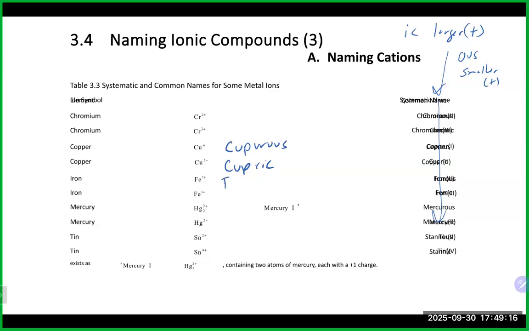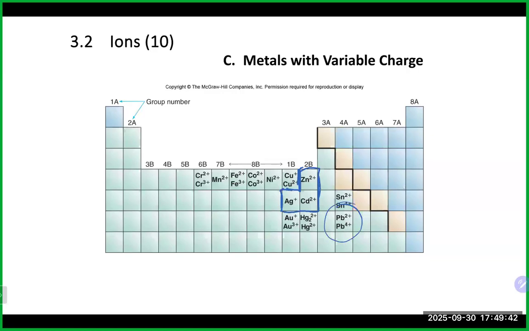Iron 2 would be ferrous, and iron 3 would be ferric. We will not use those, but those names do still pop up, especially with copper and iron. So we will explicitly use Roman numerals.